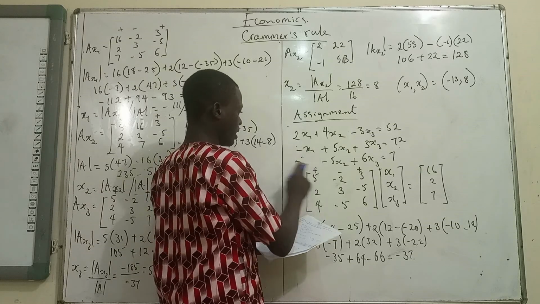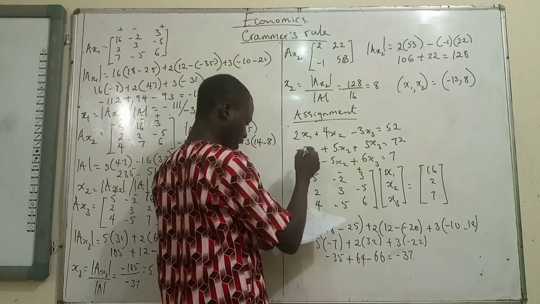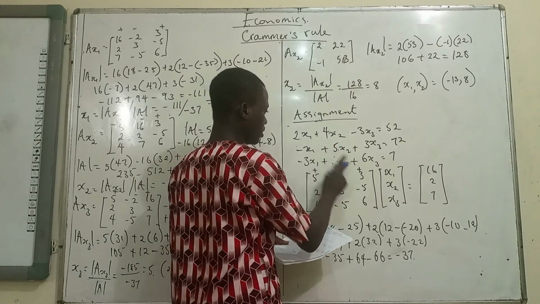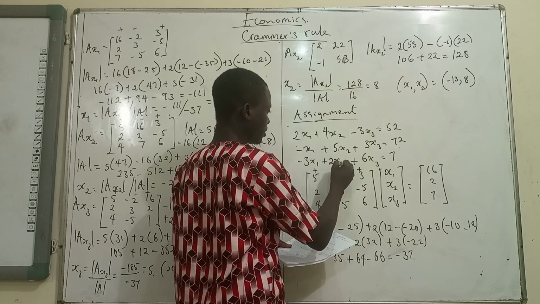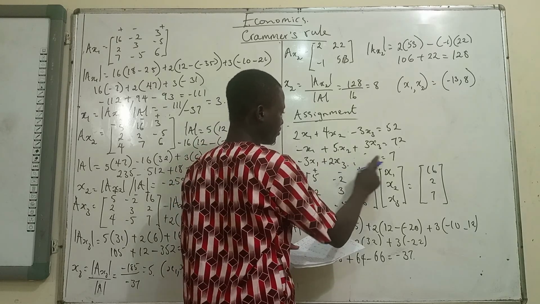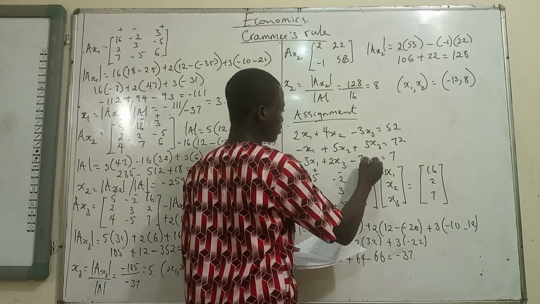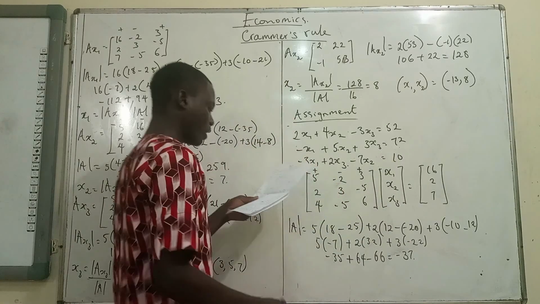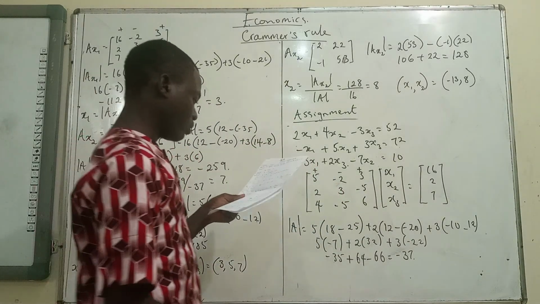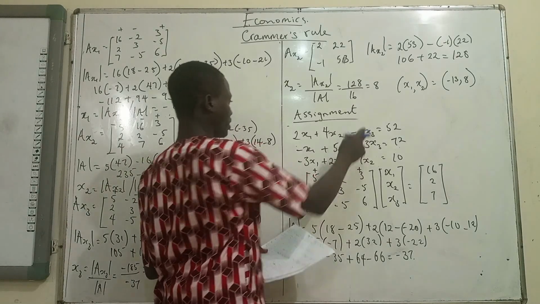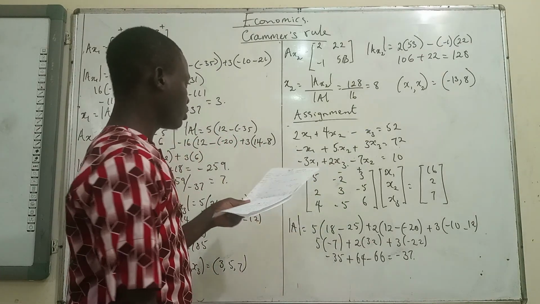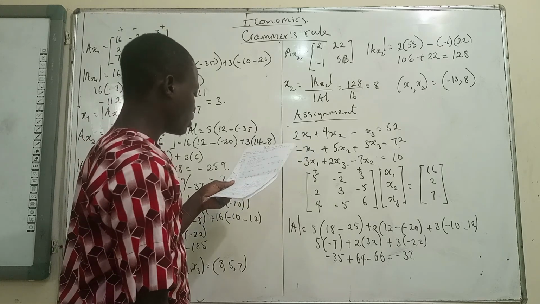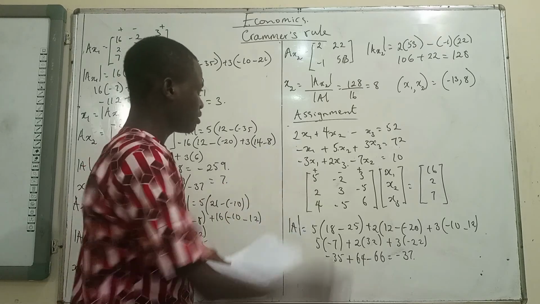Then here I have minus 3x1, then plus 2x3 here, then I have minus 7x2 over here equals 10. So let me cross check it. 2x1 plus 4x2 minus x3 is 52, minus x1 plus 5x2 plus 3x3 is 72, and minus 3x1 plus 2x3 minus 7x2 equals 10. So that's the assignment.